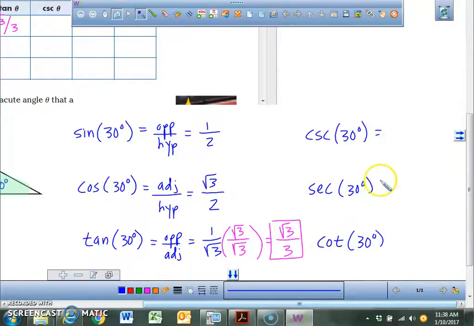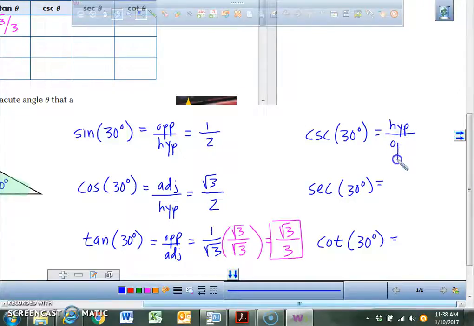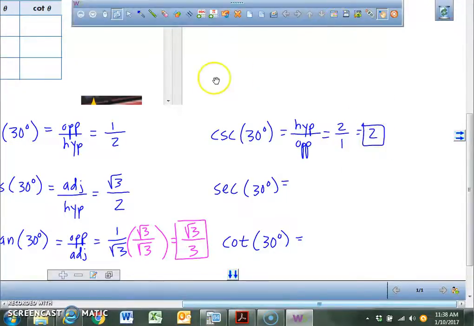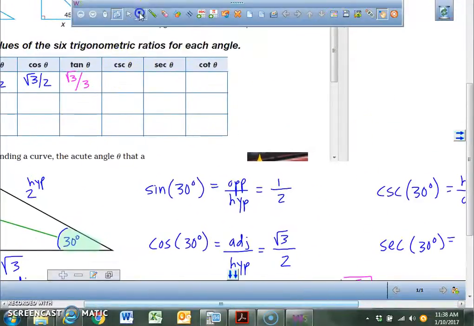Okay. So Noah, right here, you said the cosecant is what? The cosecant is hypotenuse over opposite. Very good. Ooh, this one's pretty easy. It's what? 2 over 1. Sweet. That's just a 2. That's easy. Let's go over here. The cosecant of 30 is 2.